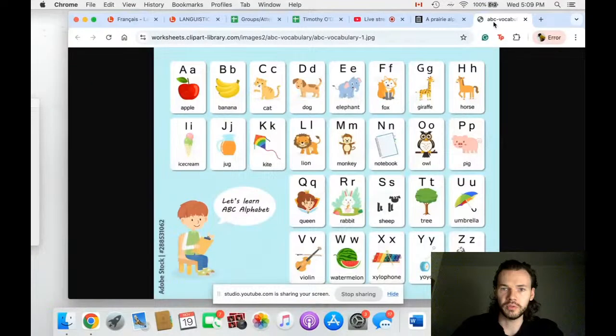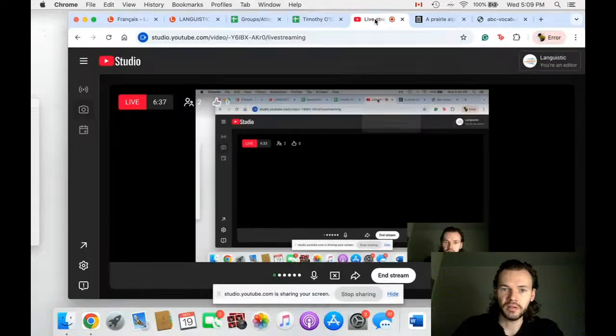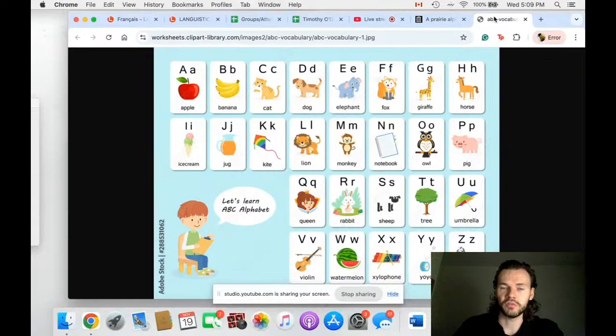Okay, so let's share our screen and let's look at a prairie alphabet. Should be visible. This was last week's alphabet. Looks like it's visible. Perfect.